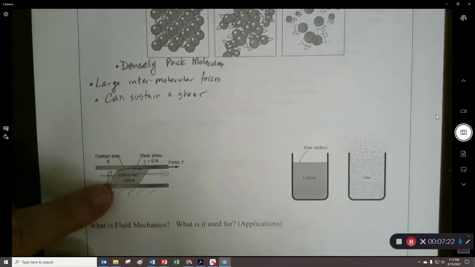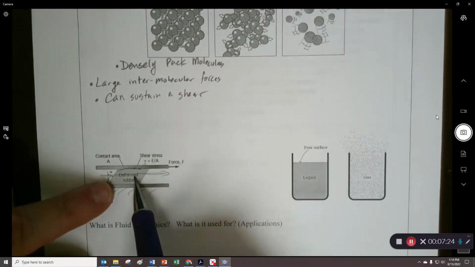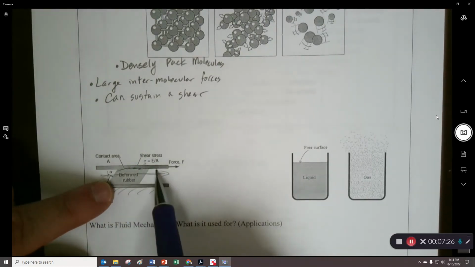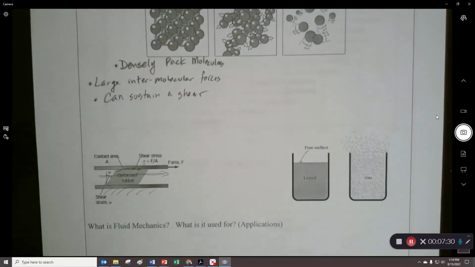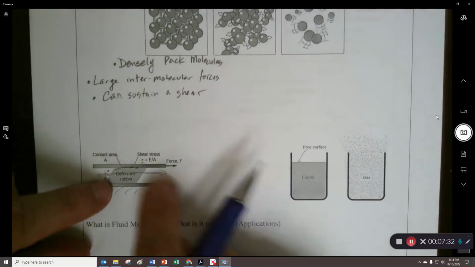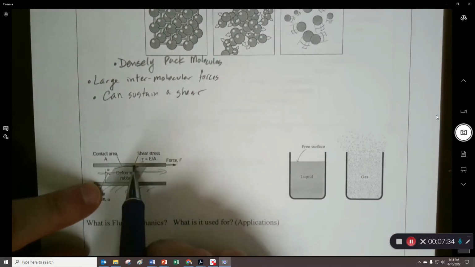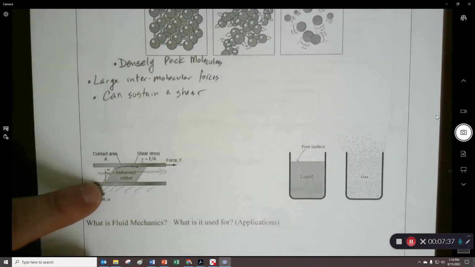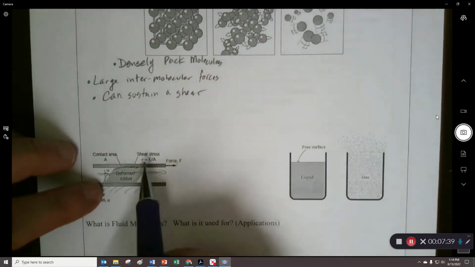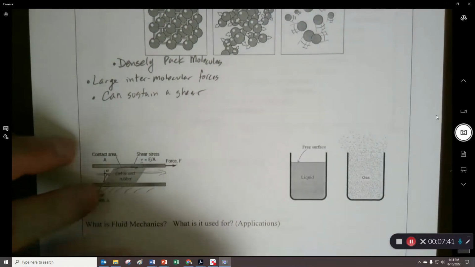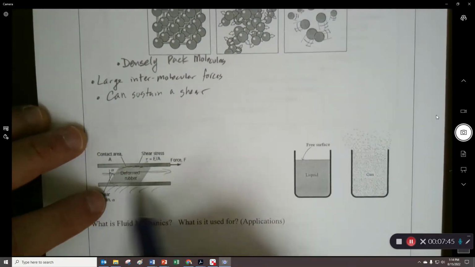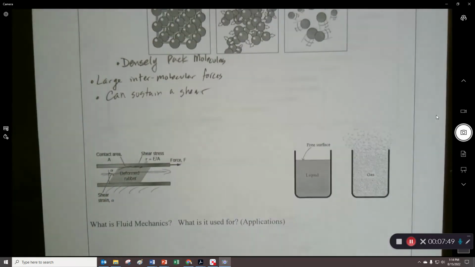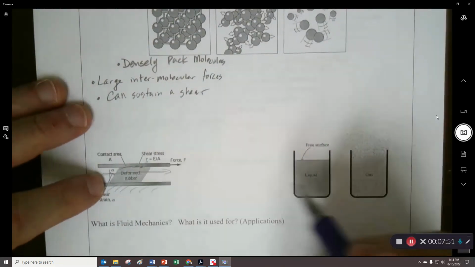But now, if it was liquid, even the goopiest liquid that you've ever experienced, if you apply a force to this, it will continue to move. It might even accelerate, but it will continue to move. So that is what it means to sustain a shear. A solid, like the solid form of rubber, can go into an equilibrium and sustain a shear load.